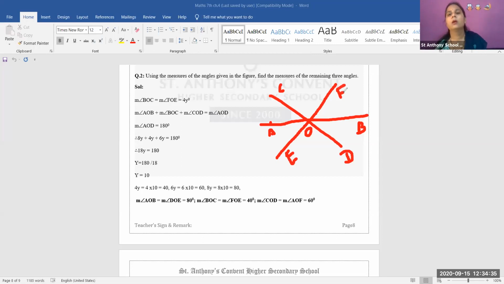Now these three lines AB, CD, EF intersect at point O. Now values of some angles are given, like for example angle AOE.